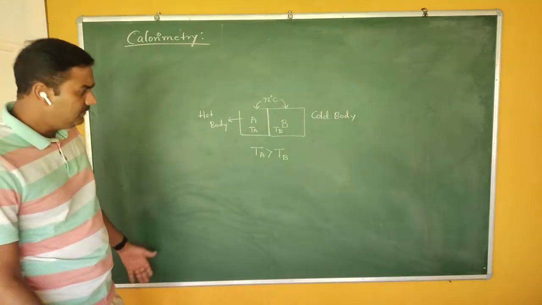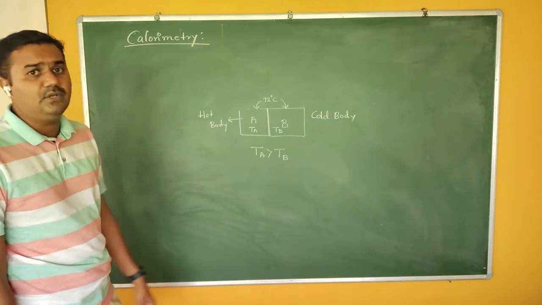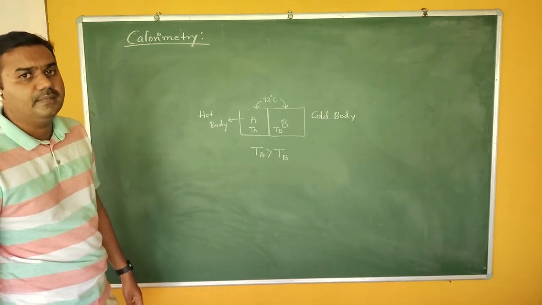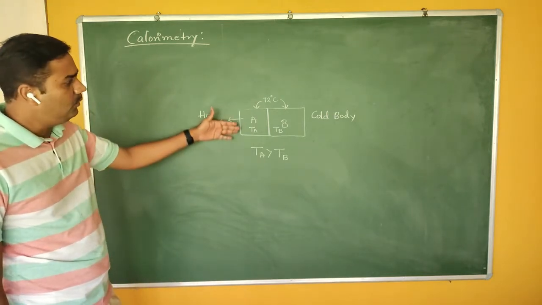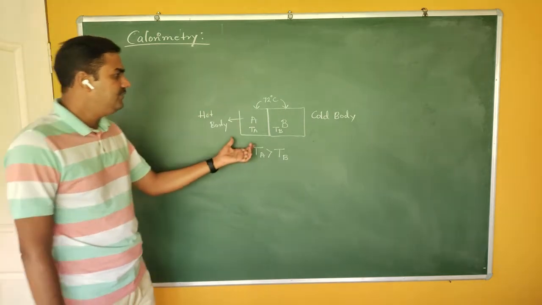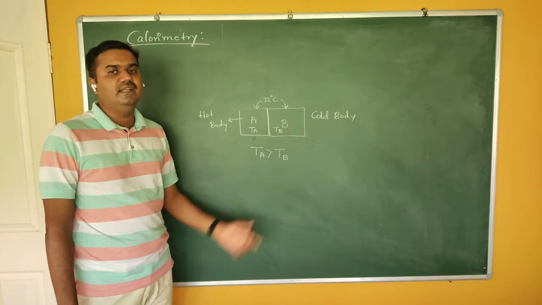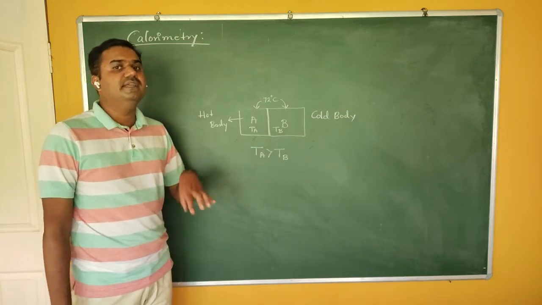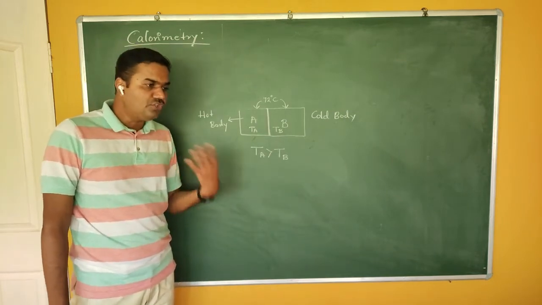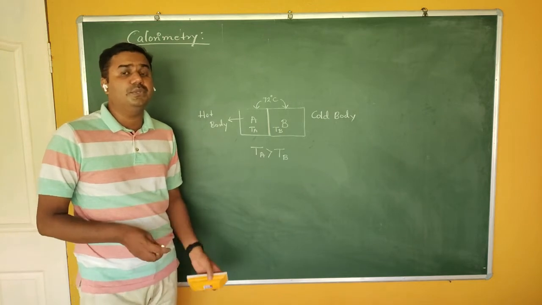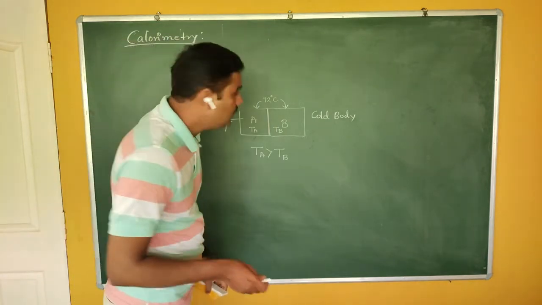Okay, so this simple statement is considered to be the principle of calorimetry. So what is meant by the principle of calorimetry? Heat flows from hot body to cold body until their temperatures become equal, so that heat lost by the hot body is equal to heat gained by the cold body.